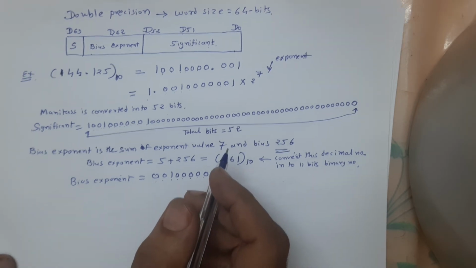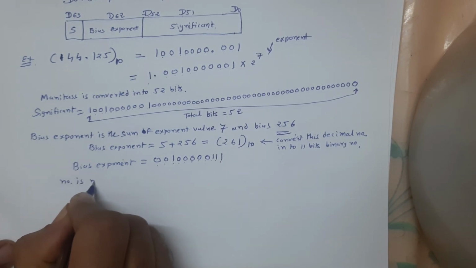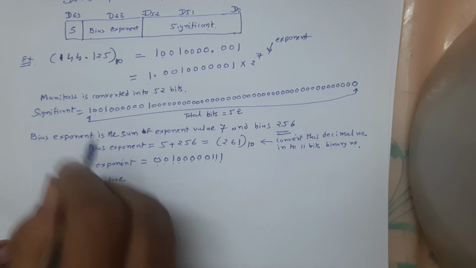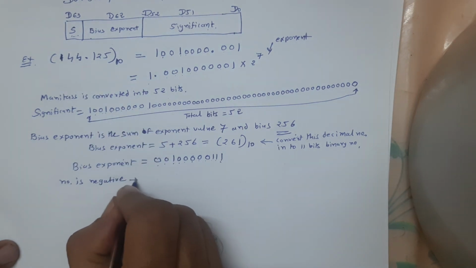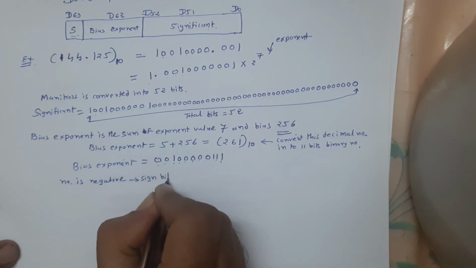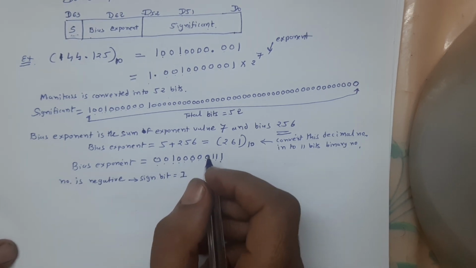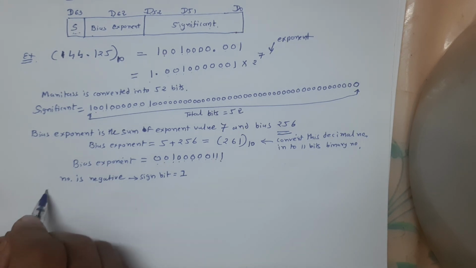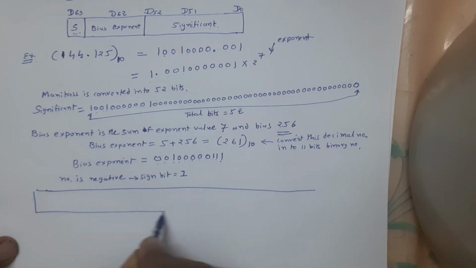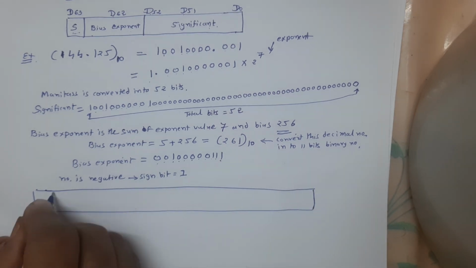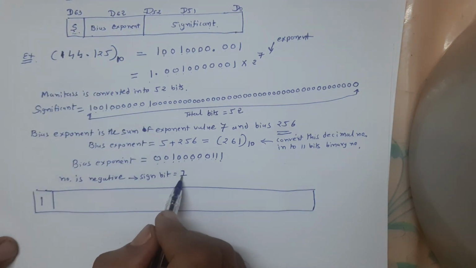So the number is negative. Whatever we are putting here for the sign, the sign bit is equal to 1, and the double precision floating point representation of the given number is this. First of all the sign, so we are using 1 because the number is negative.